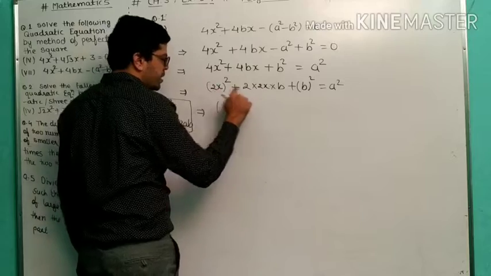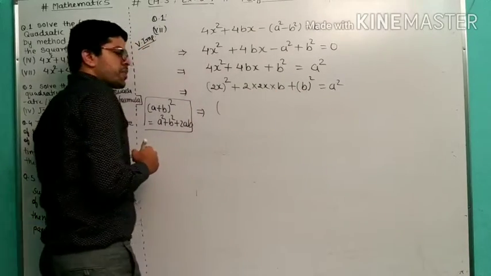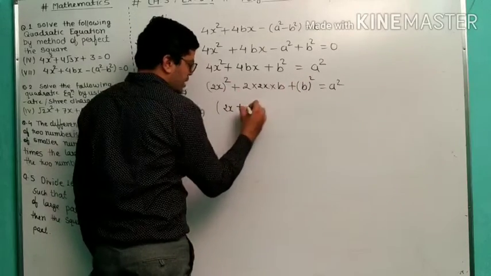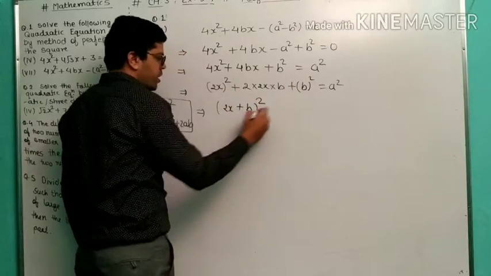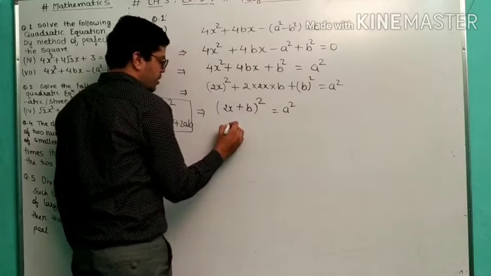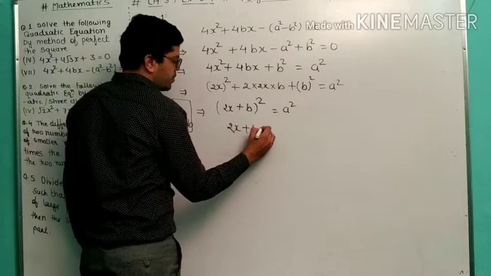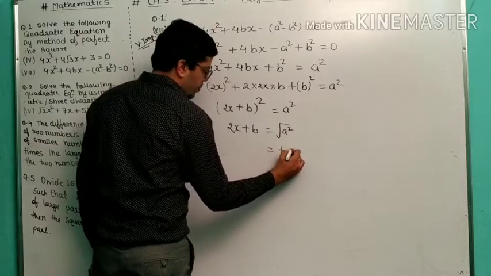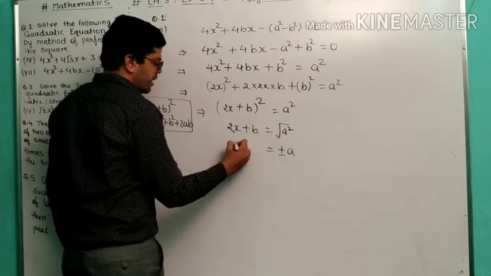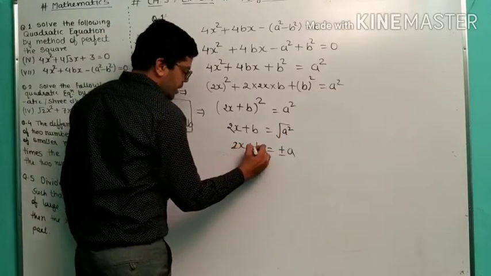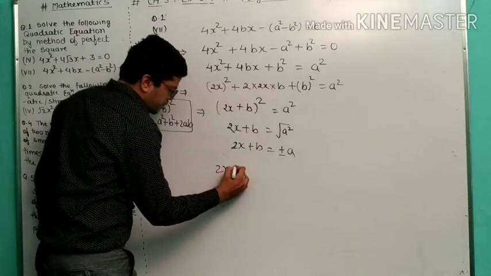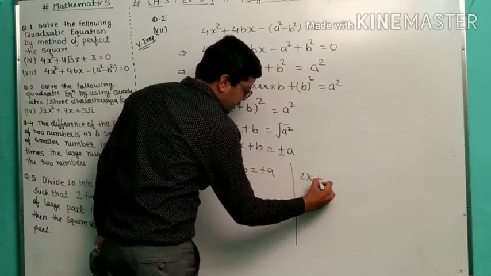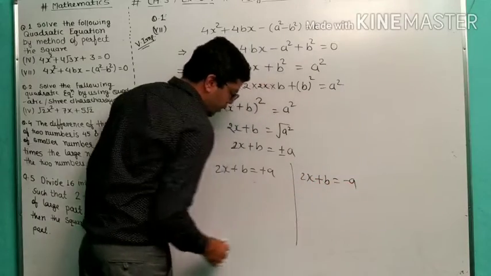Now I am converting these three terms into a perfect square. So (2x + b) whole square is equal to a square. Now 2x plus b is equal to root of a square, and when it comes outside, it is plus minus a. So 2x plus b is equal to plus a, and 2x plus b is equal to minus a.